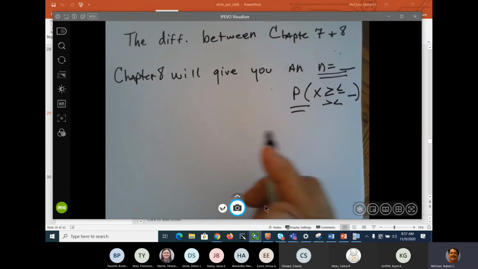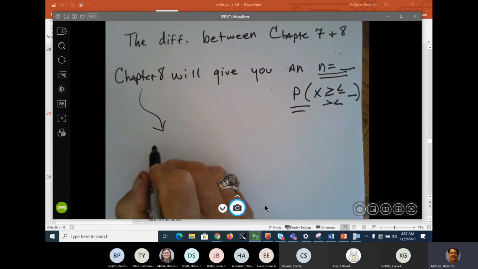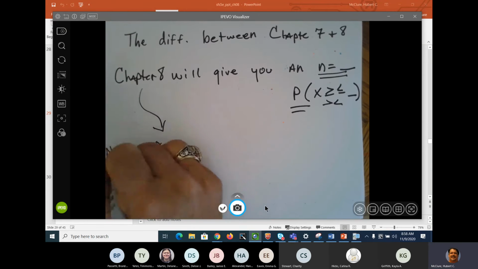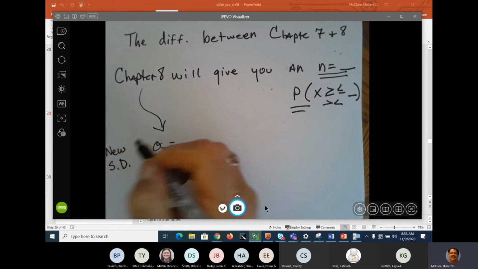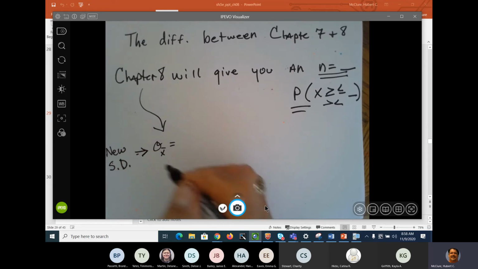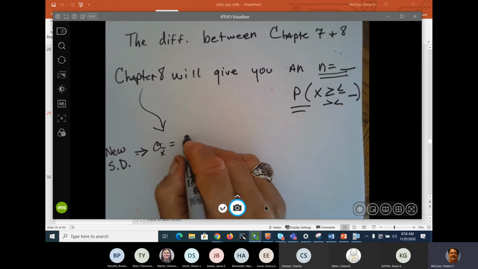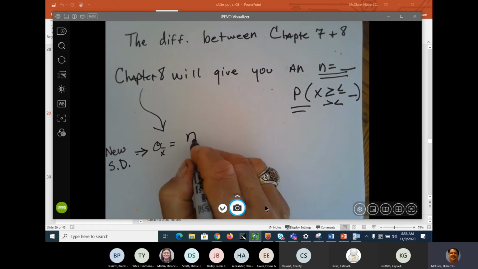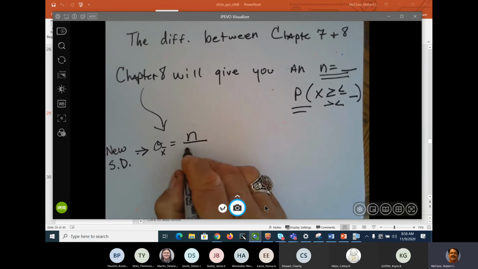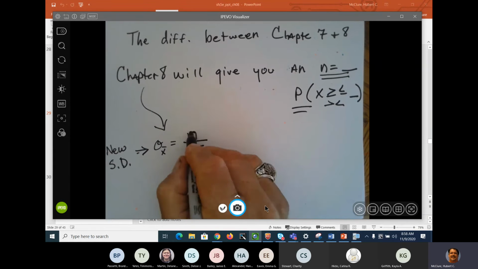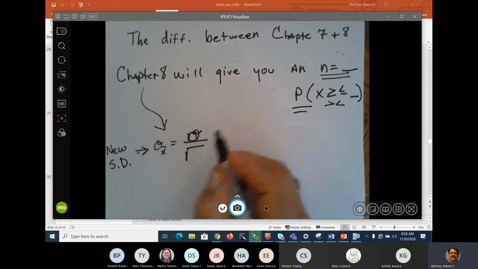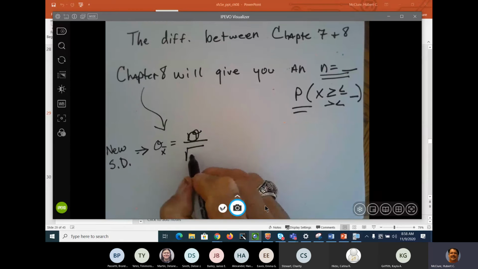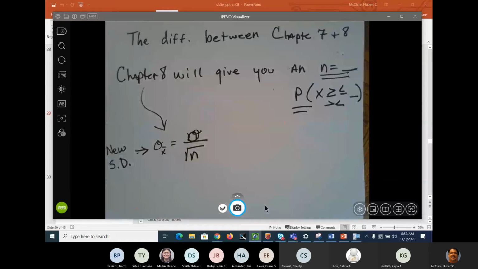And in Chapter 8, you've got to remember the new standard deviation is the standard deviation over the square root of n.